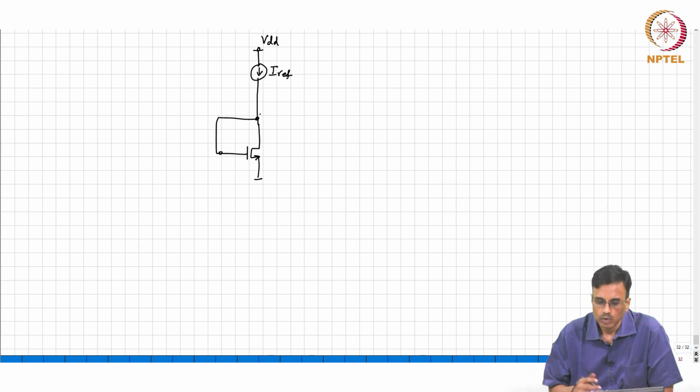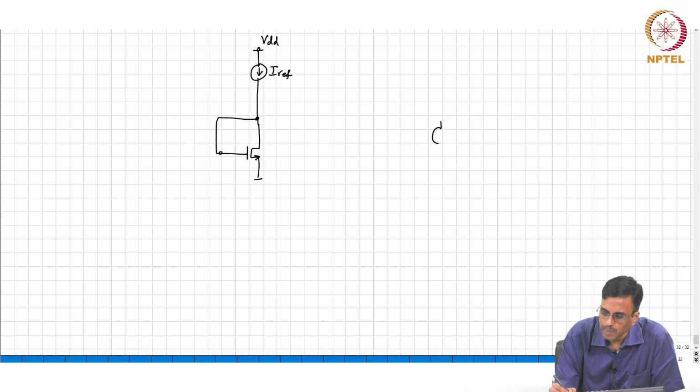Okay. Now, as far as the common source amplifier is concerned, we want an incremental equivalent which looks like this.